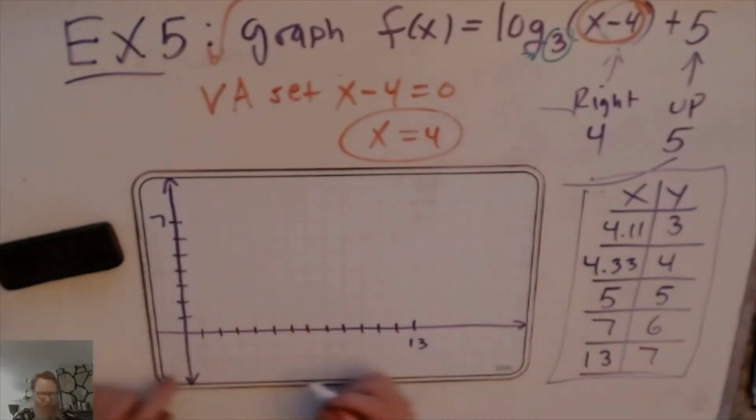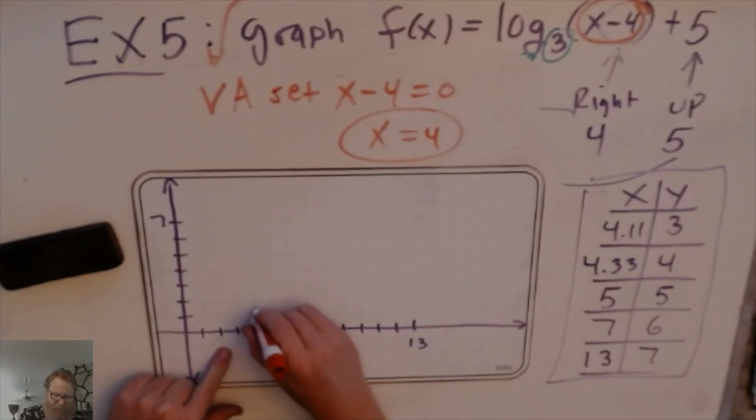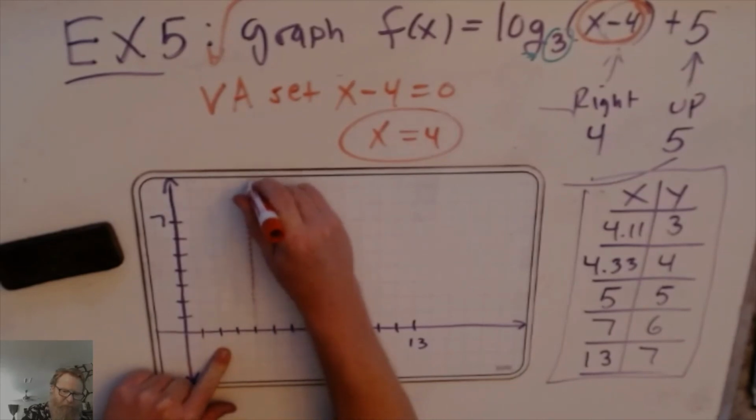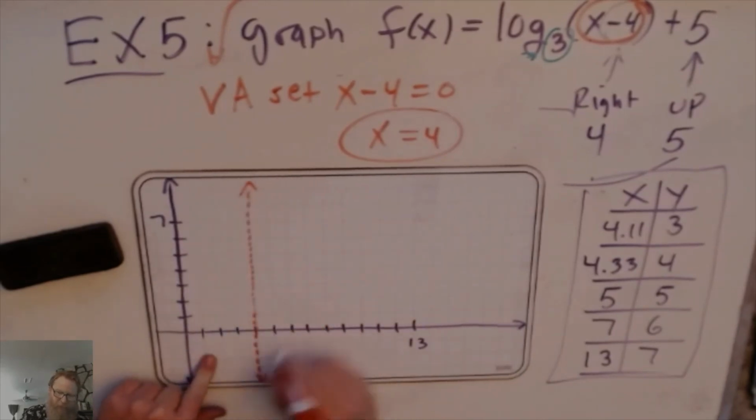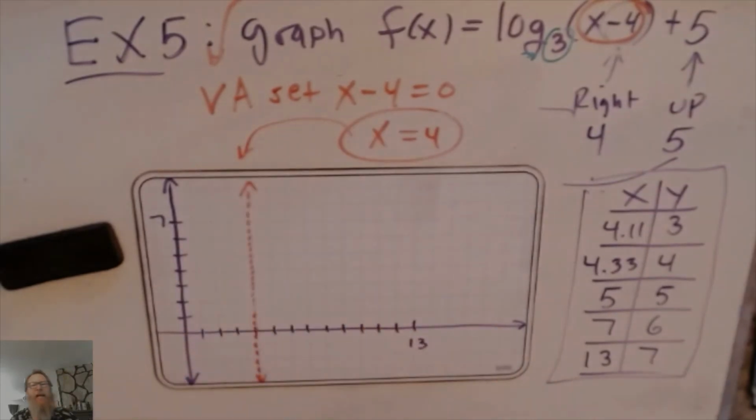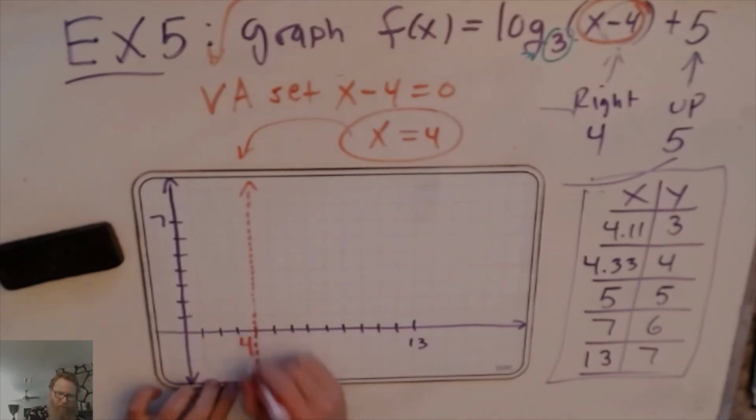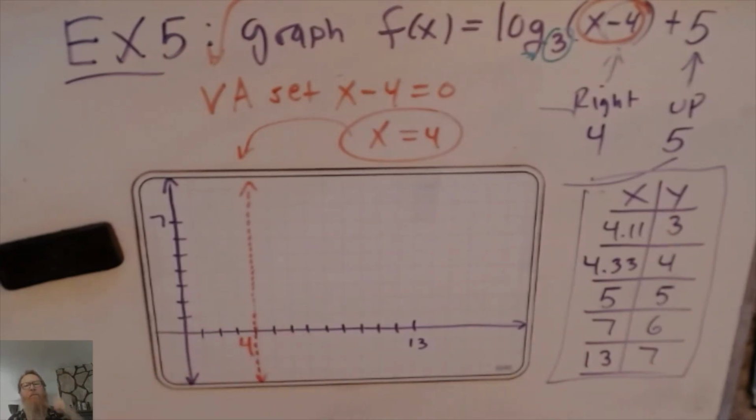Put the vertical asymptote first. So there's your VA at 4. X equals 4. All of these points should be larger than 4.